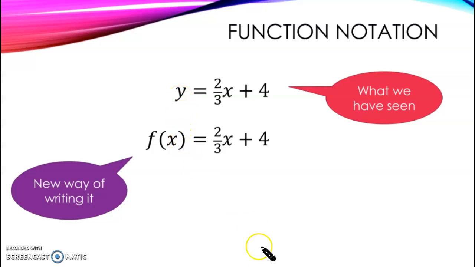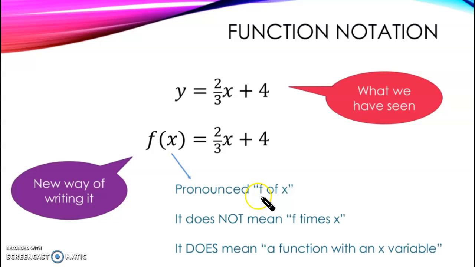This is pronounced f of x, and I know it looks exactly like f times x with those parentheses, but what it actually means is a function with an x variable. I'm going to show you why this is useful, but basically everything is the same as it's always been. We're just writing this instead of writing our y value.